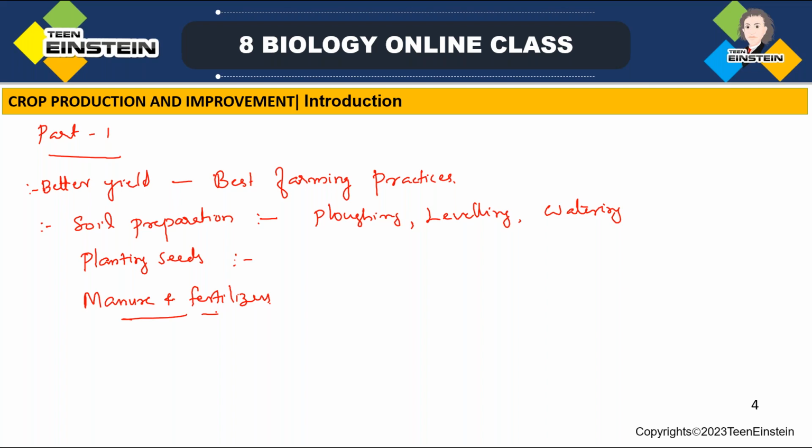Apart from the nutrients the soil already has, for better yield and better growth of the crop, we supply manure and fertilizer. Manure is the organic form, and fertilizer is the chemical form. That's the difference between manure and fertilizer. According to the needs of the crop, we need to provide this manure and fertilizer.